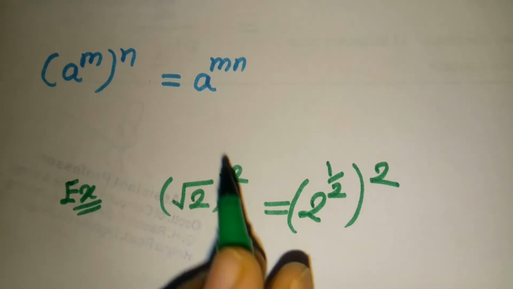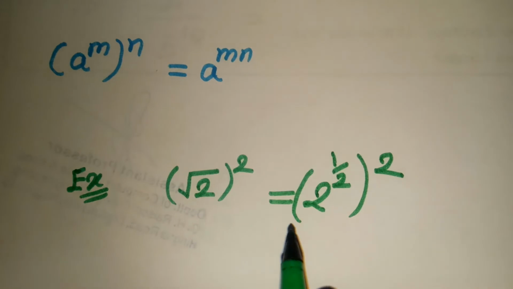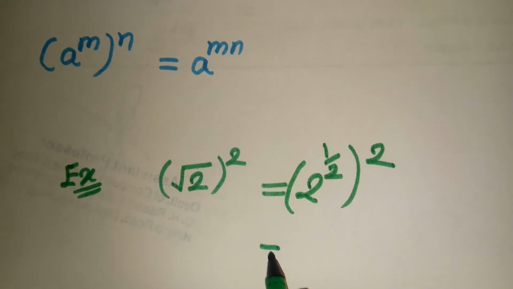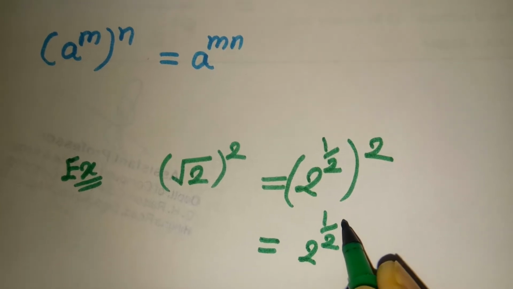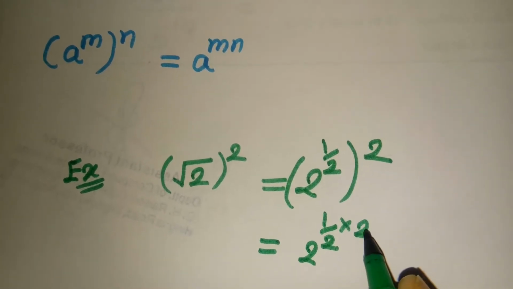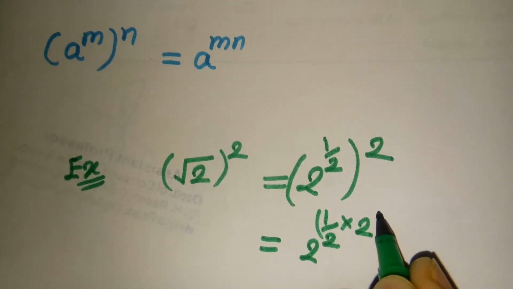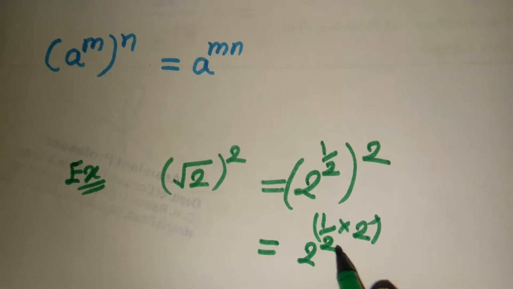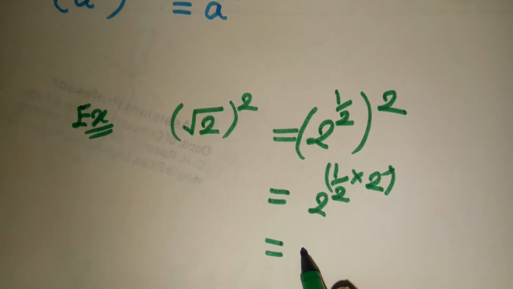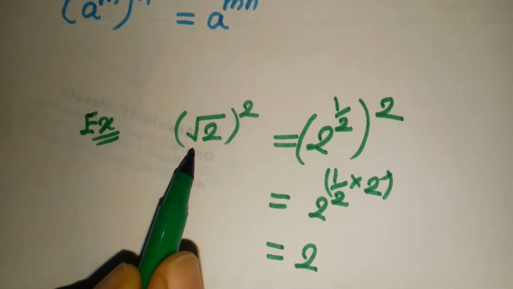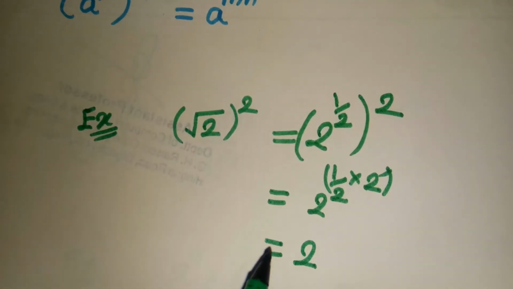By our rule we have to multiply the powers. Here we get 2 raised to the power half into 2, and we can easily see that the 2 gets cancelled in the power and the remaining is 2 raised to the power 1. So our answer is 2 raised to the power 1. Now under root of 2 whole square is 2.